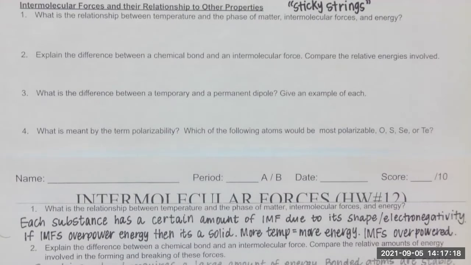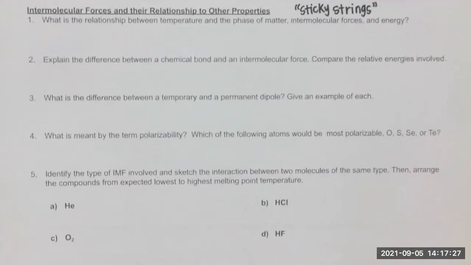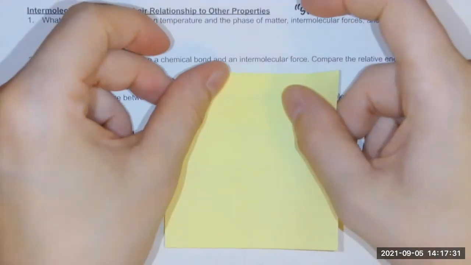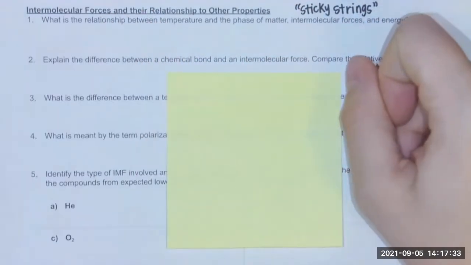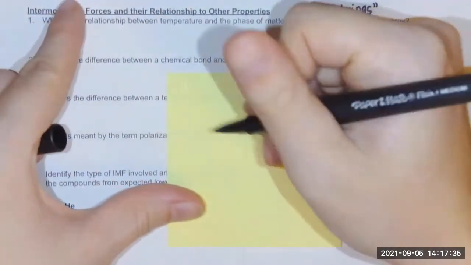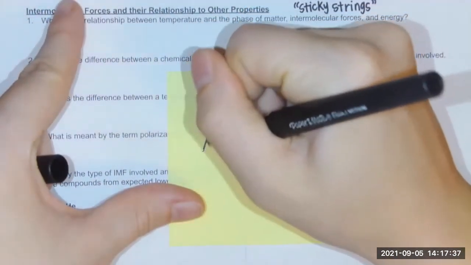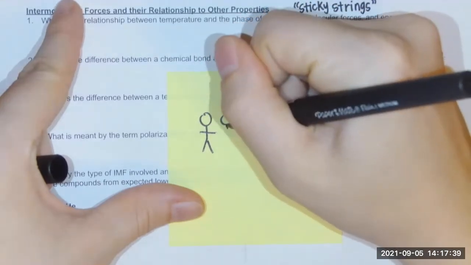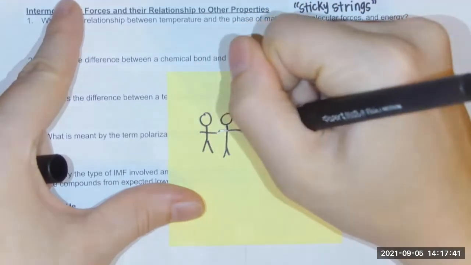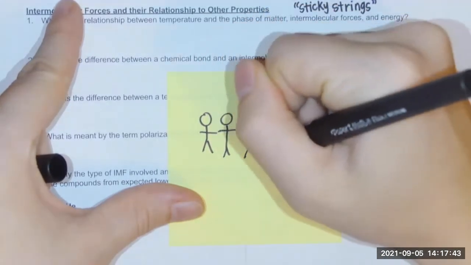Number two: explain the difference between a chemical bond and an intermolecular force. So for me, when I was a kid, I don't think you guys play this anymore, we used to play a game called Red Rover. And everyone would line up in a row.